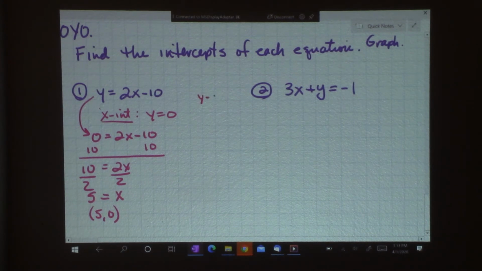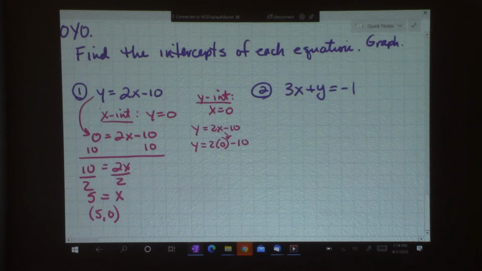All right, the y-intercept, that is where x equals 0. So I'm going to write this down, and I'm going to put 0 in for x. See how I took the x out and put the 0 in there.